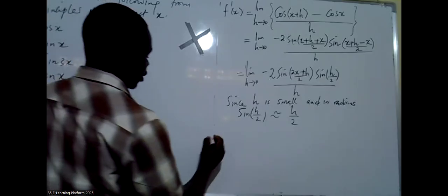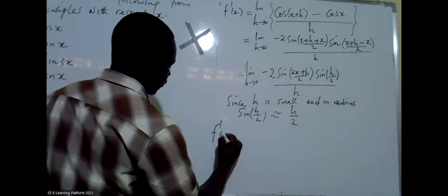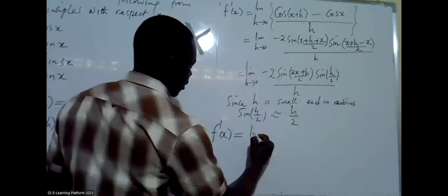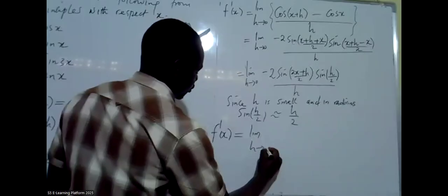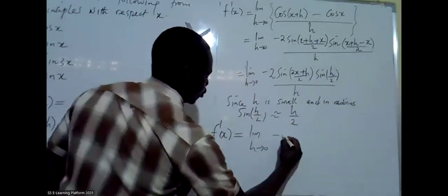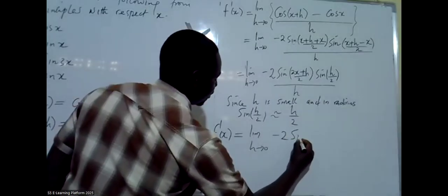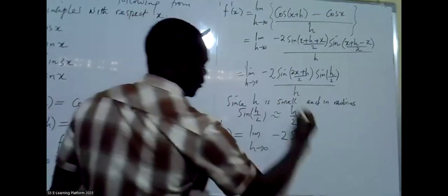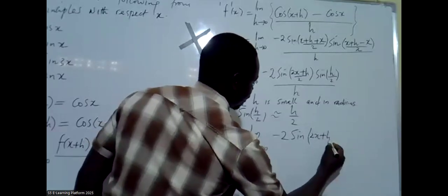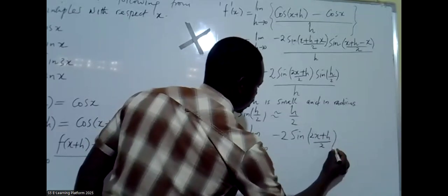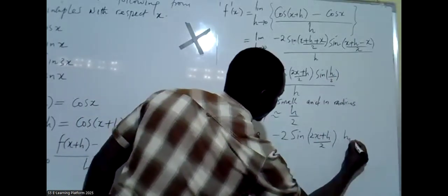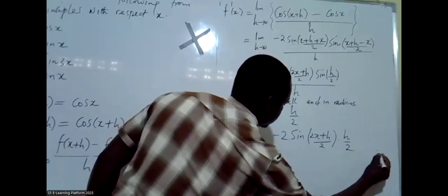Now that brings us to f dash of x as the limit as h tends to 0 of negative 2 sine of (2x plus h) over 2, times this one alone, which we said has become h over 2.